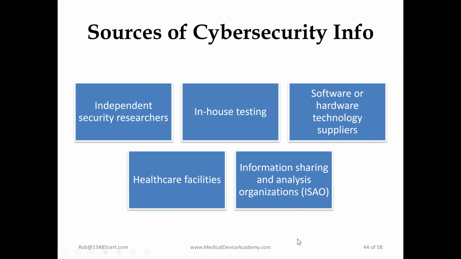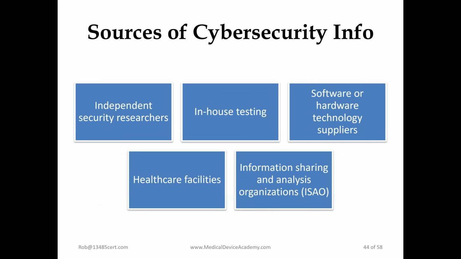So different sources of cybersecurity info include independent security researchers. You might discover vulnerabilities during your own in-house testing. A healthcare facility might discover some issue. If you have off-the-shelf software, they might have discovered a vulnerability and make you aware of that.